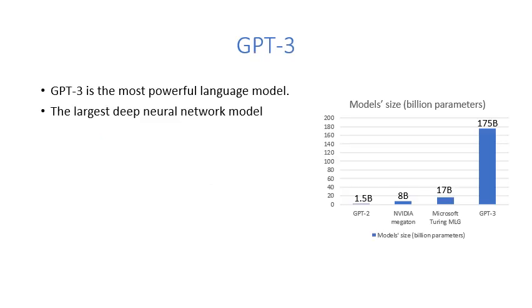GPT-2 had 1.5 billion parameters, but GPT-3 has 175 billion parameters. Just remember that we have only approximately 86 billion neurons. It has 175 billion parameters.